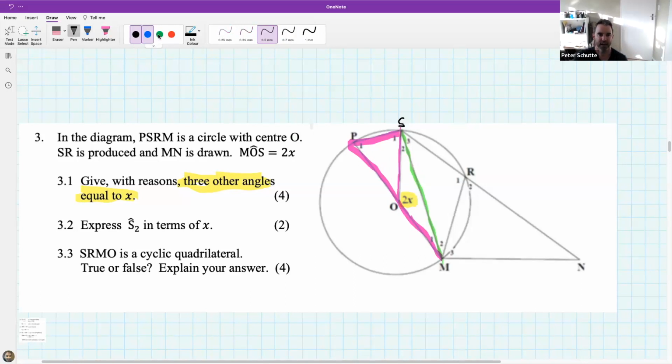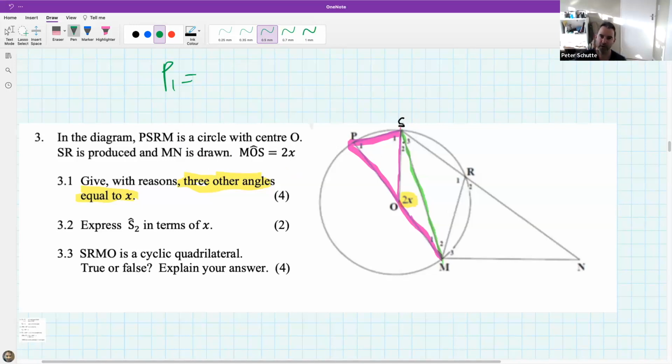So my thinking was, what does P1 have to be? Okay, P1 is not going to be 2x.